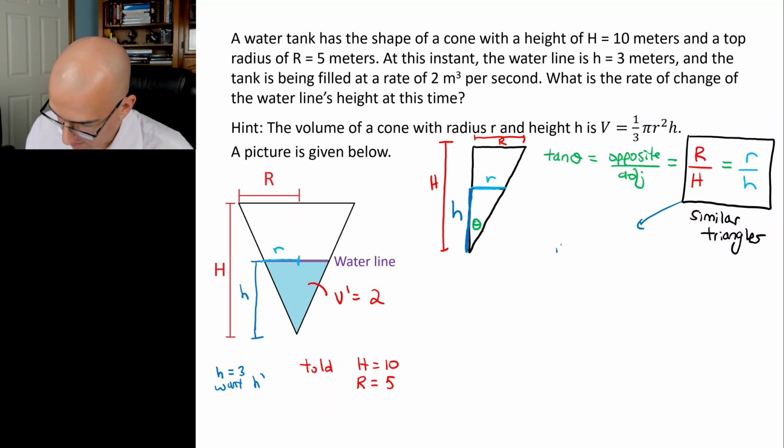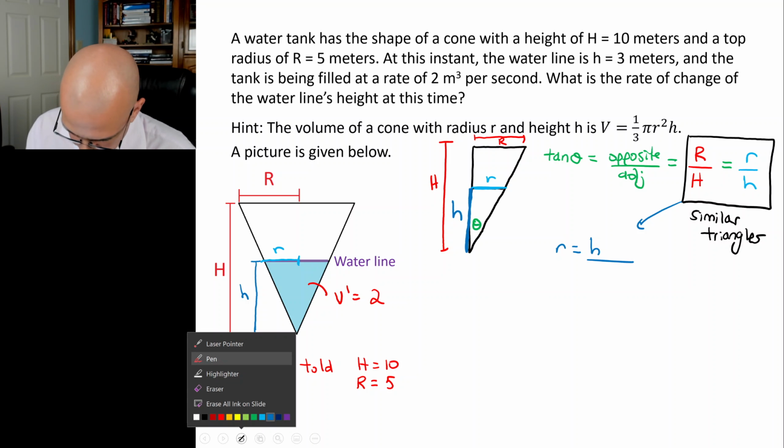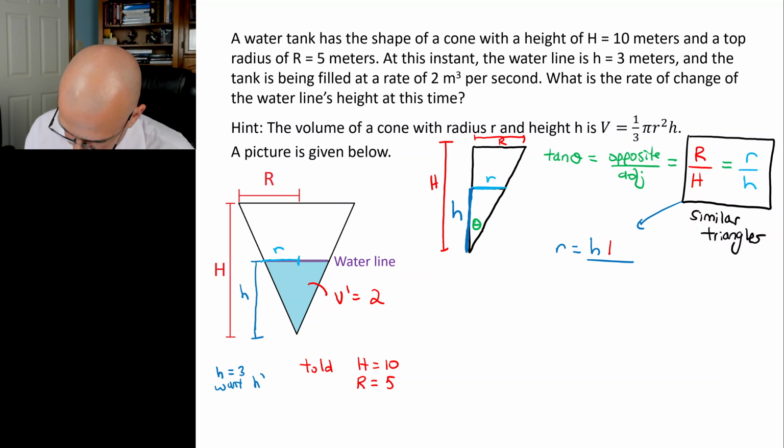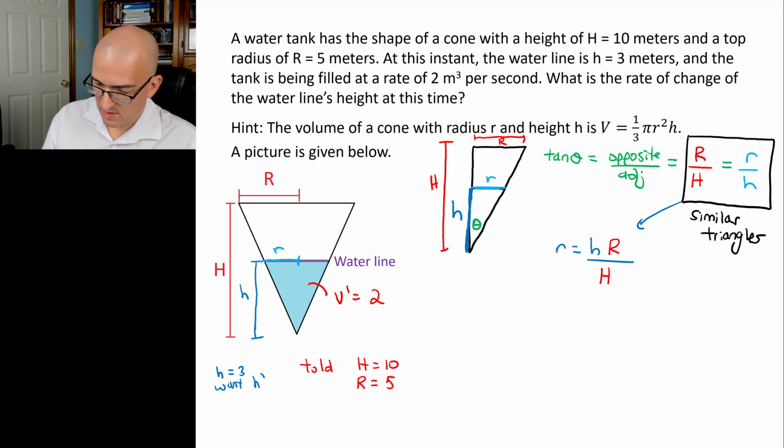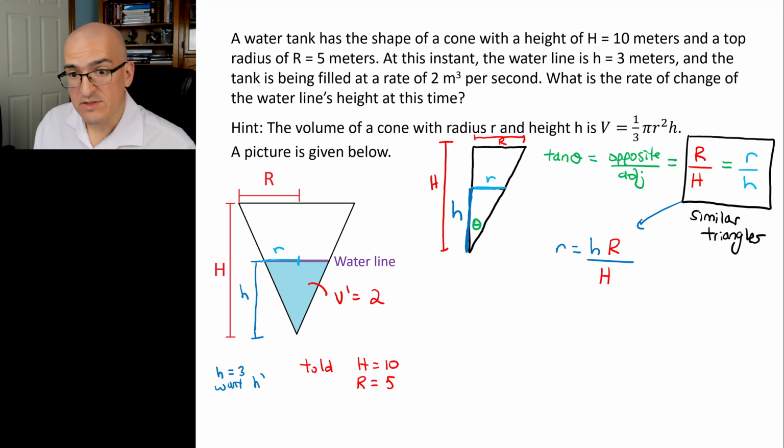So then little r is equal to h times big R over big H. And these things are constant.